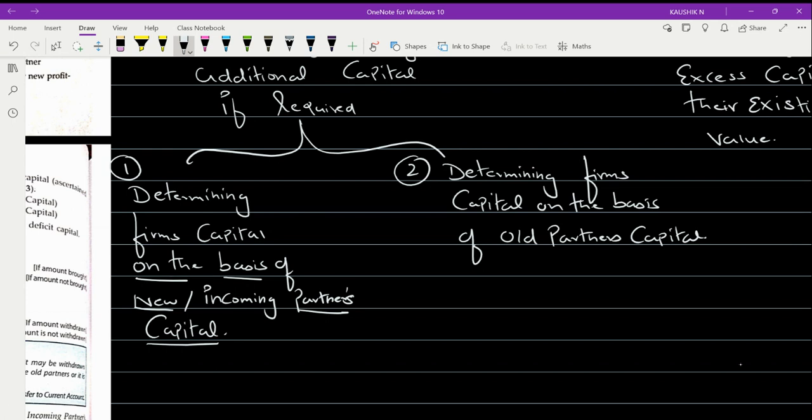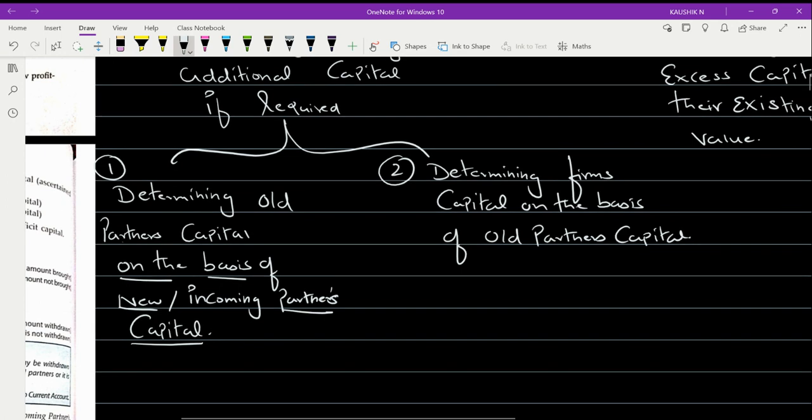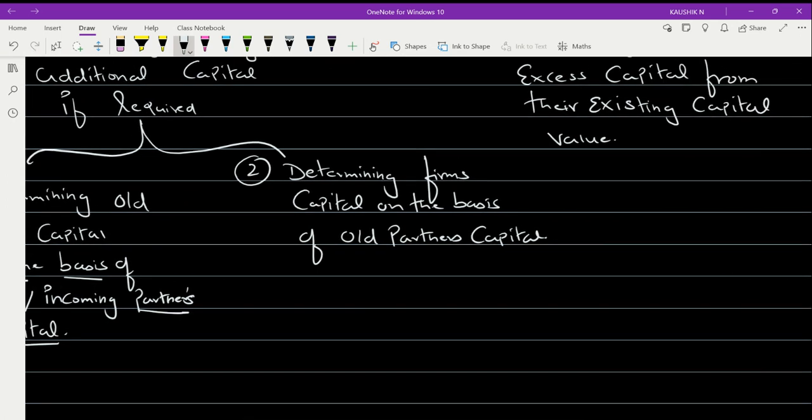Instead of saying determining the firm's capital, we can say it another way. Rather than saying firm's capital, just make this change: determining old partner's capital on the basis of this, and here determining new partner's capital.